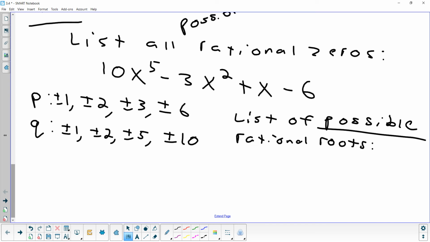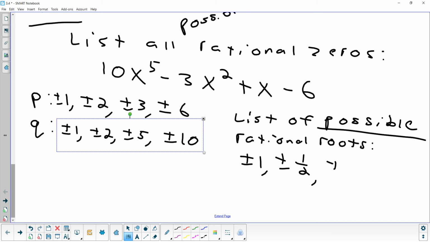What I usually do is pick one of the p-values, start with that number, and then put that over every denominator you could have. So these are all the roots we could have with a 1 in the top. 1 over 1, 1 over 2, 1 over 5, and 1 over 10.